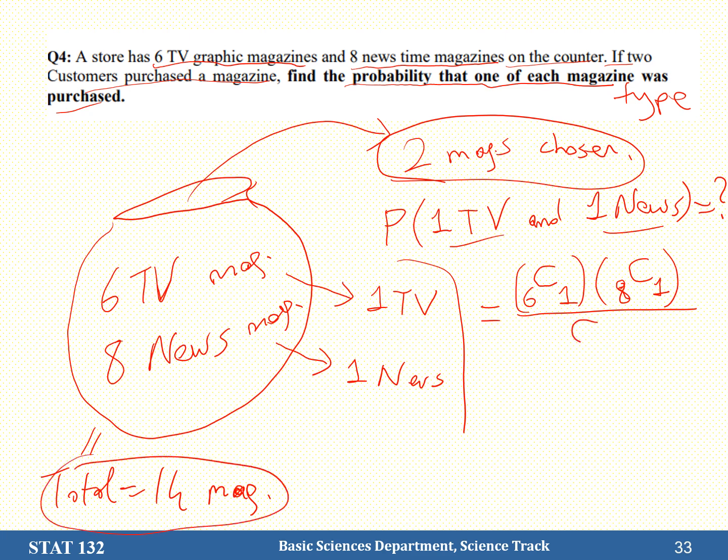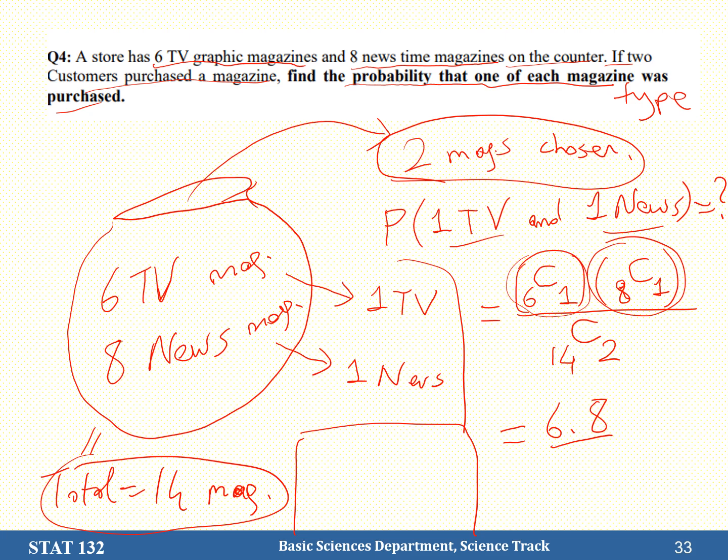So we have to divide by 14 choose 2. This one will be 6 and this one will be 8. You can calculate this by using the factorial definition, or you can use a calculator. Now these are 1 choose, so it will be 8 and 6.